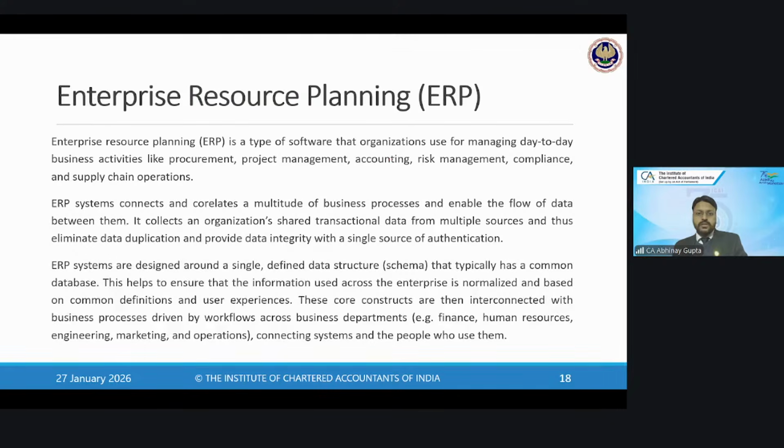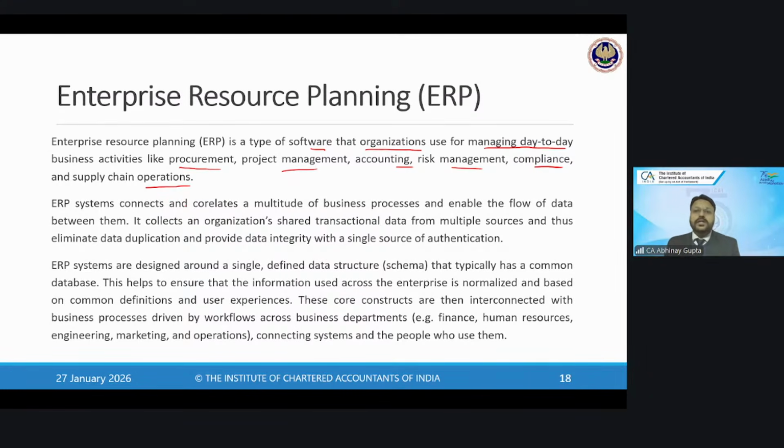accounting and day-to-day activities. So ERP is basically software that organizations use for managing day-to-day business activities, for example procurement, project management, accounting, risk management, compliance, and supply chain operations, right?